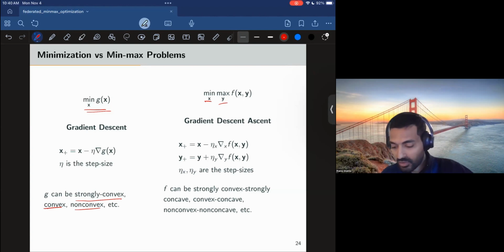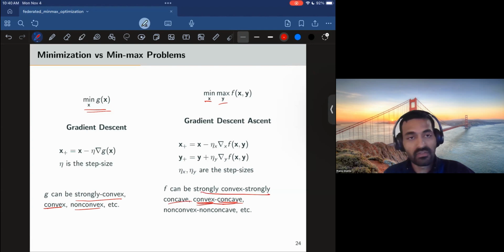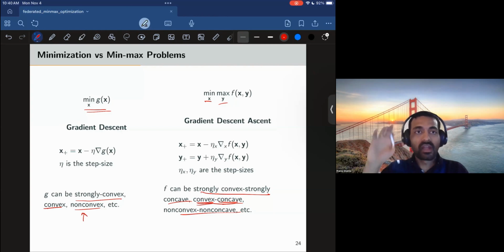So we can have convex-concave, meaning convex in the x variable and concave in the y variable. We can have strongly convex, strongly concave. We can have non-convex, non-concave, and all combinations are possible. Out of these three, we choose one for the minimization variable and another for the maximization variable, so we can create 9 possible combinations.